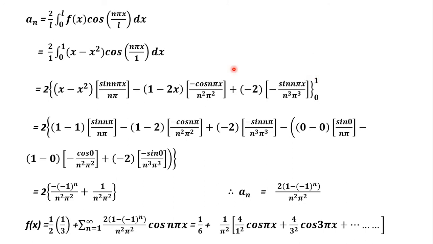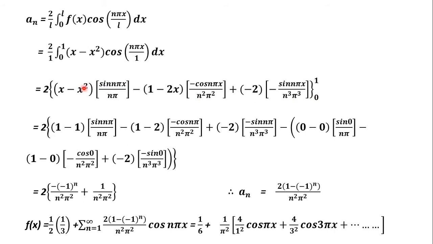When x equal to 1, we get 1 minus 1, 0, then 1 minus 2 into minus cos n pi by n square pi square, plus minus 2 into minus sin n pi by n cube pi cube. The value at the lower limit is to be subtracted, so minus of when x equal to 0.